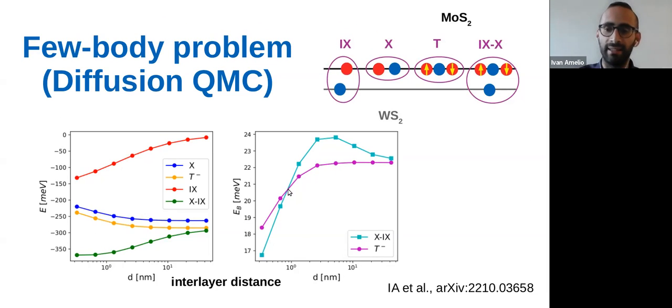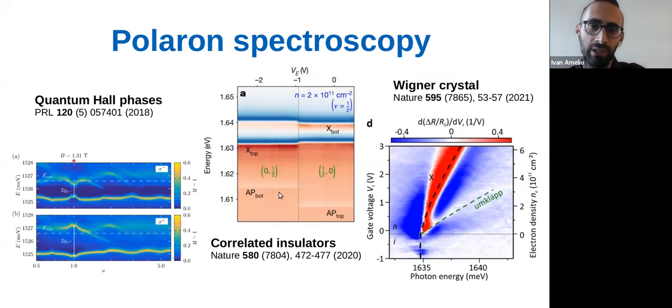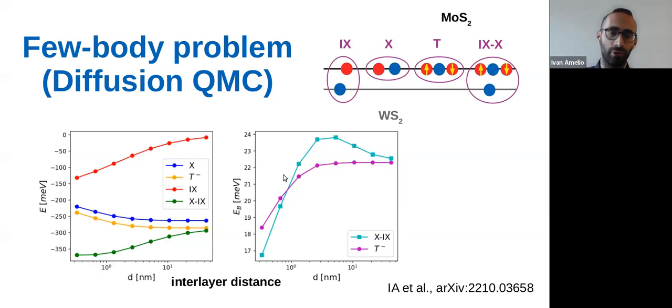To understand the position of this peak, for example, it is necessary to understand the binding energy of the trion. Here the point is that in our ground state we do not have electrons, but we have interlayer excitons. So what we want to do is to compute the binding energy of a probe exciton, which will be an intralayer exciton, and a ground state exciton, a bath exciton, that is an interlayer exciton. This requires solving a four-body problem.